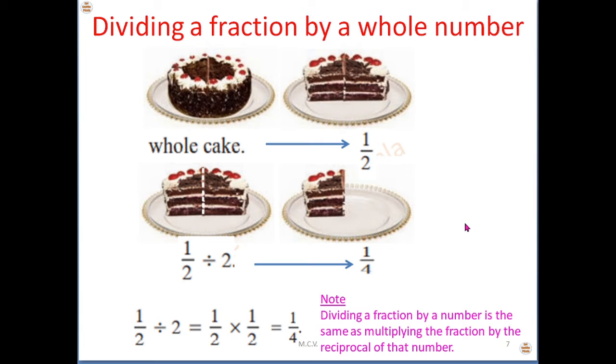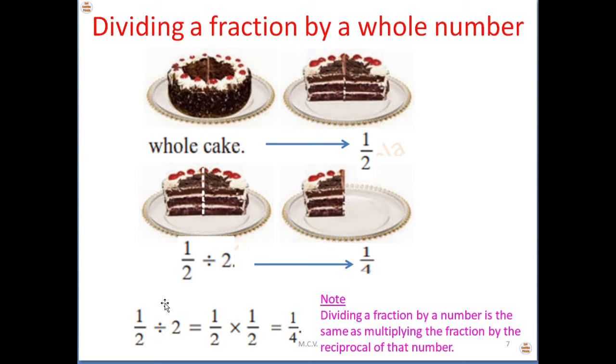Okay. Then, diagrammatically also, using diagrams also, you got that answer 1 over 4. So you have to use this rule. What is the rule? Division of fractions is equal to multiplication of the fraction by its reciprocal.